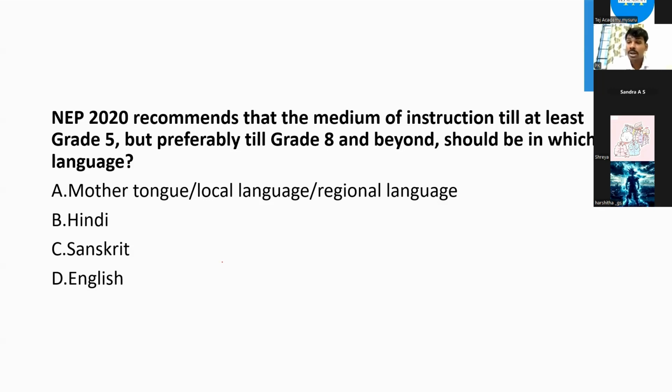We have almost 22 national languages, and providing children education in these national languages is not easy because there are a lot of people who work outside the state. And those children might not be able to get an opportunity in learning their regional language. But even otherwise, the NEP 2020 clearly recommends that medium of instruction in school should be in mother tongue, local language, or regional language. Any doubts in this question?